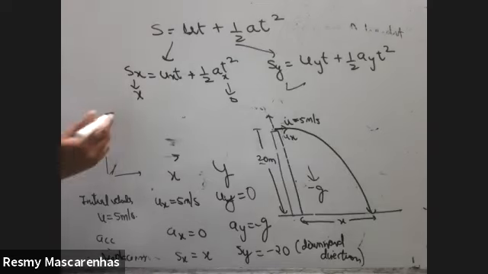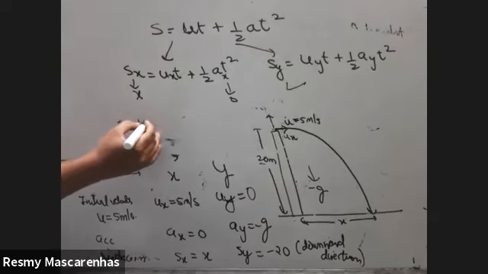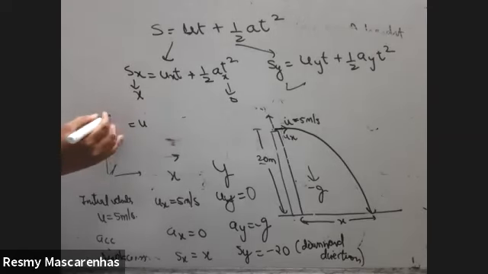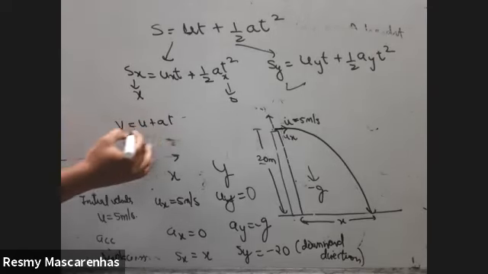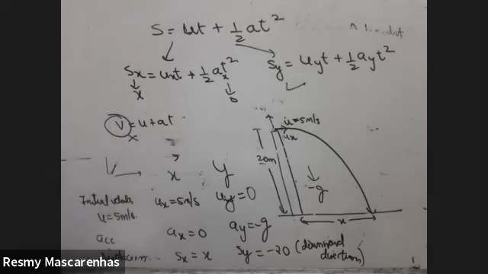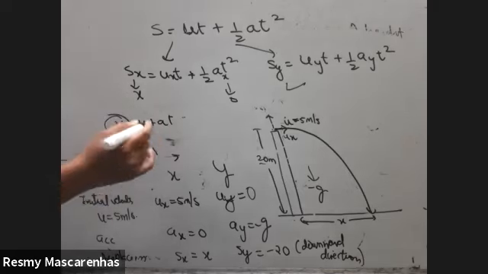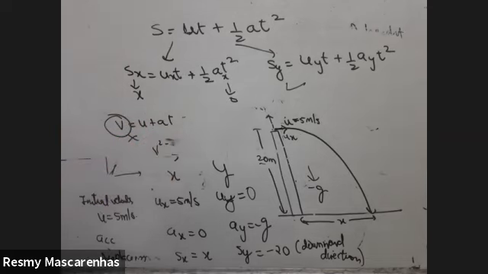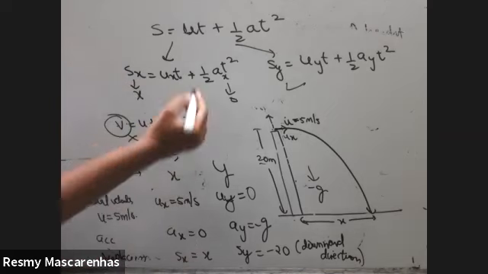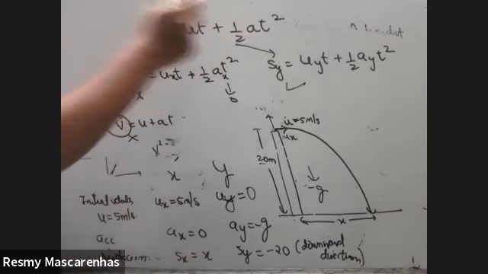The other kinematic equations I cannot use: v is equal to u plus at, because I don't know what v is. I only know the initial velocity. V square is equal to u square plus 2as, also I cannot use. These two equations have v in them and I don't know v. So the only option I have is to use this equation.